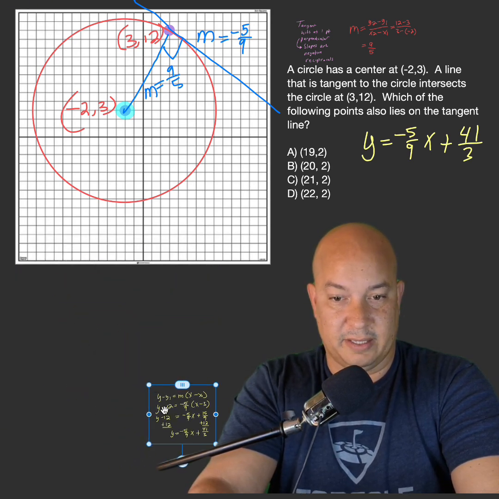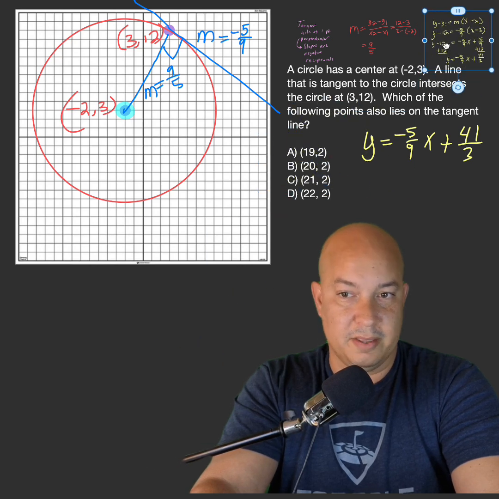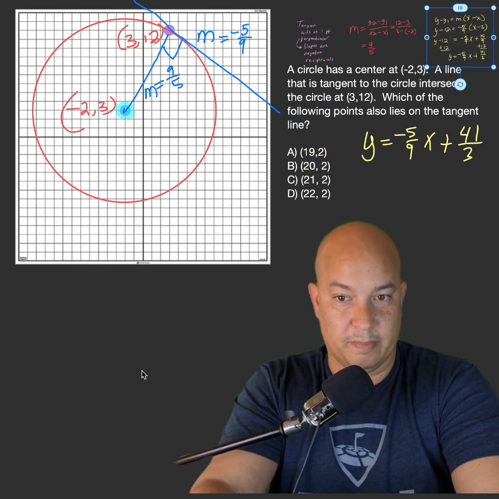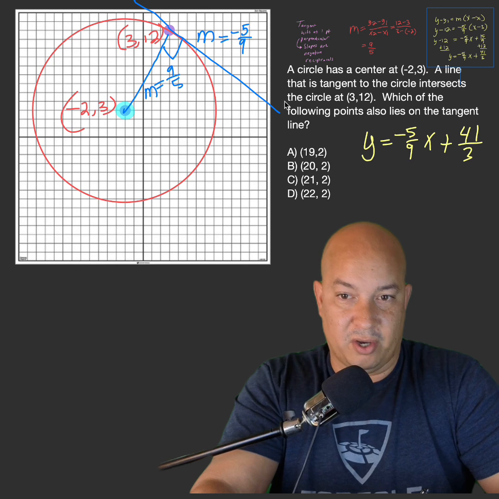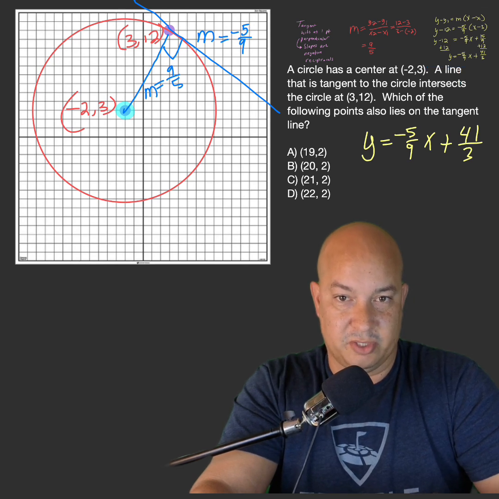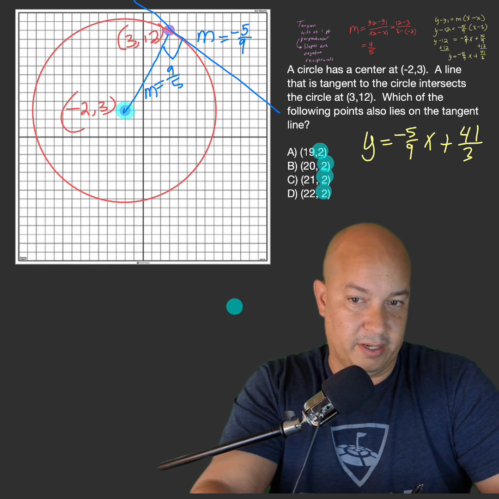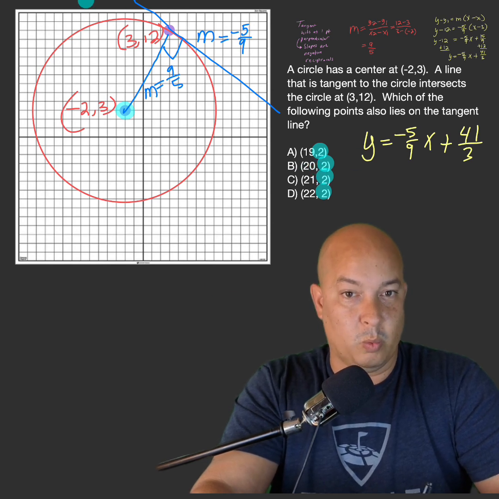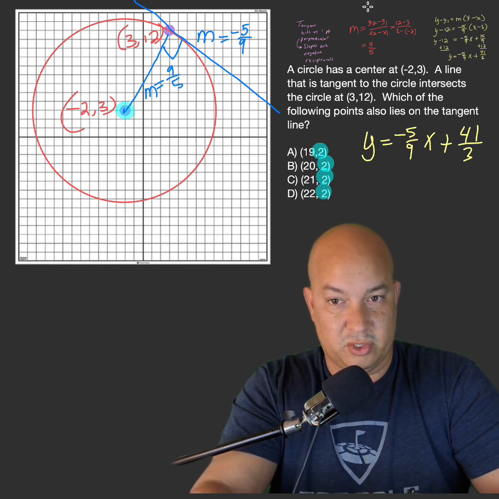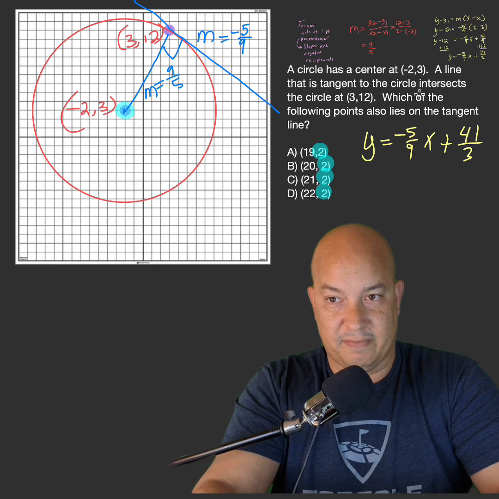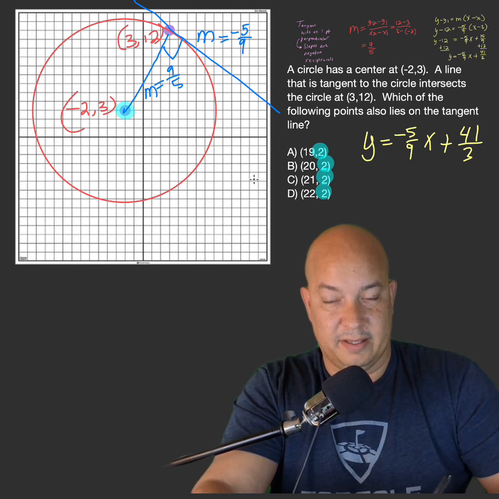I was thinking initially that we would plug the answer choices in one by one, but they all seem to have that common 2. All the answer choices have a 2 right here. So let's just go ahead and plug y equals 2 into the equation of the line and find out which one comes back as one of the answer choices.